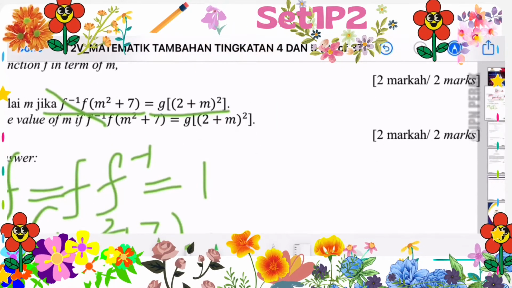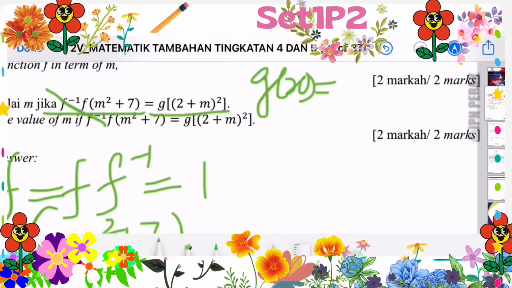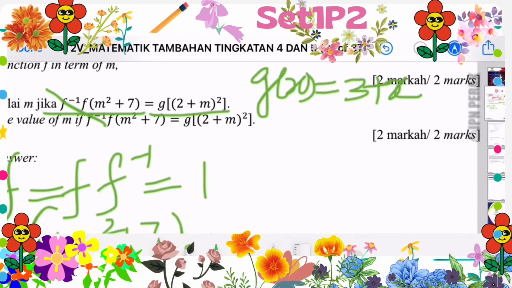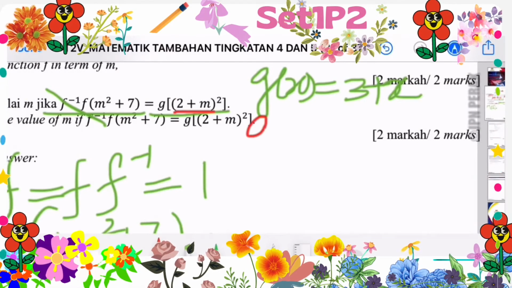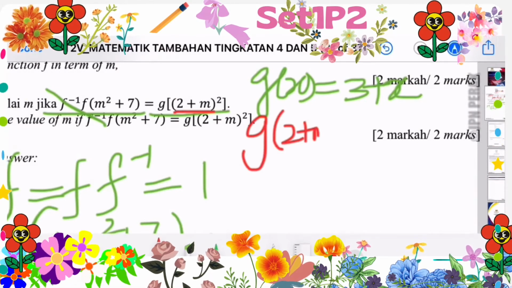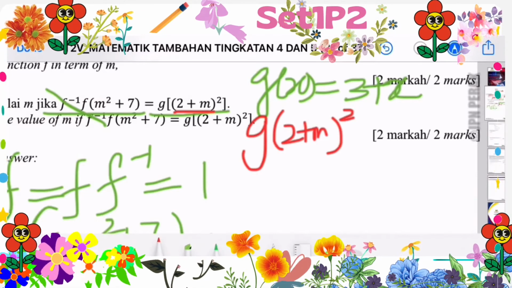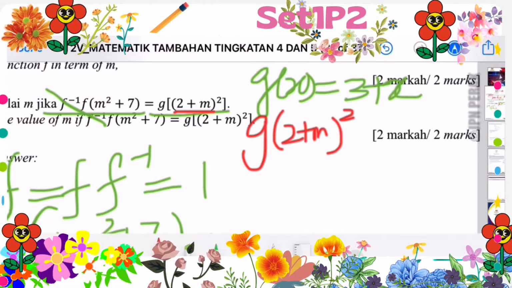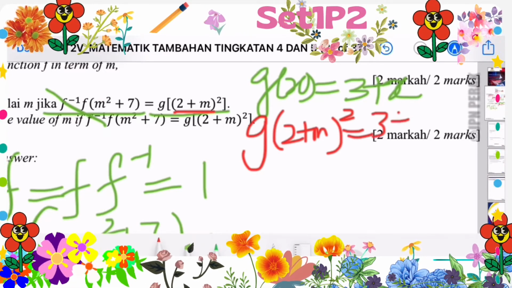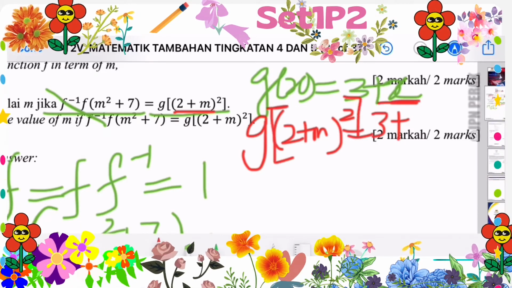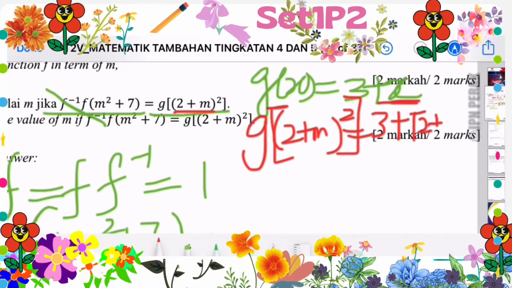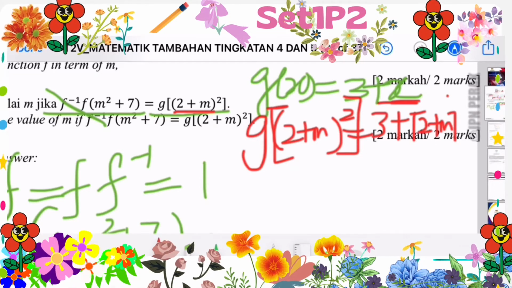So if g(x) is 3 plus x, I'm going to substitute with the object, this thing, 2 plus m, the whole thing squared. So I will write 3, then this whole thing I will substitute with the object here, which is 2 plus m squared, right?